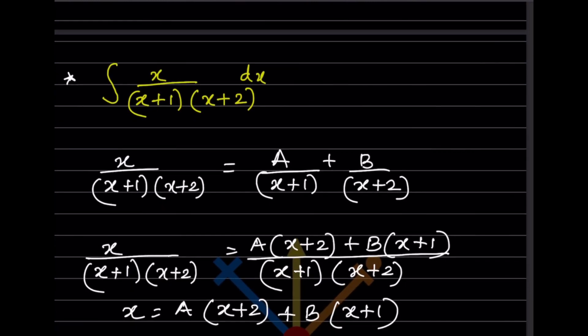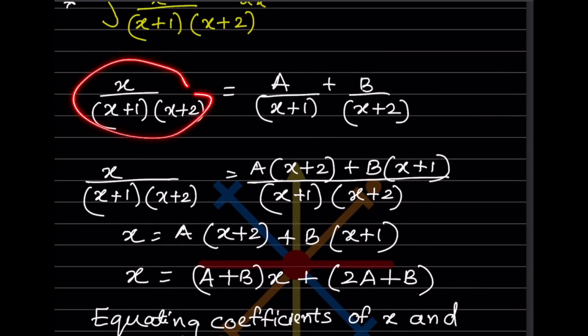Now if we have to integrate x divided by x plus 1 into x plus 2 dx, let us remove the integration sign first. We can write this as a divided by x plus 1 plus b divided by x plus 2.